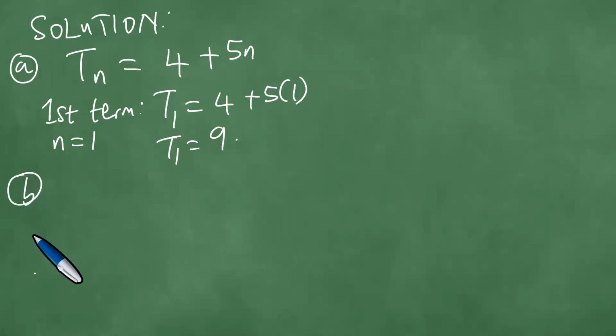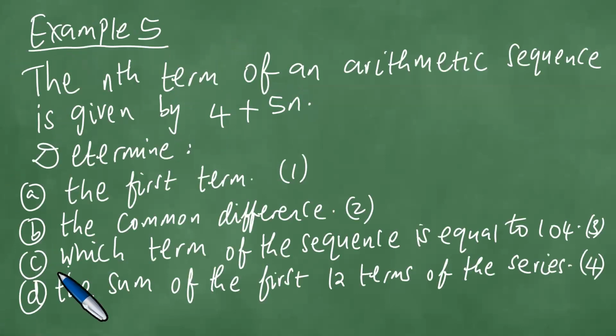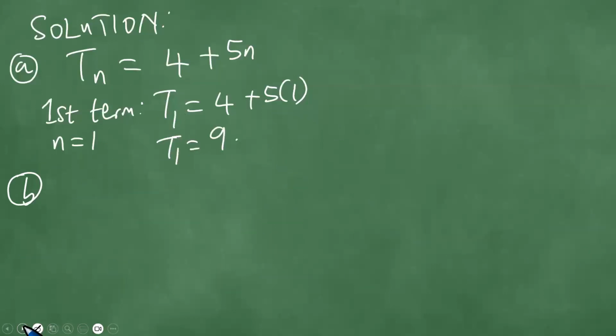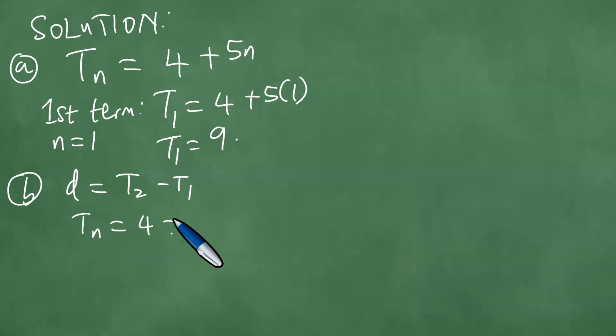And then it becomes 4 plus 5, which is 9. B, the common difference. They want the common difference now. How do you get the common difference? The formula for the common difference is T2 minus T1. We don't know T2 here, but we can get it because Tn is 4 plus 5n. What is T2?